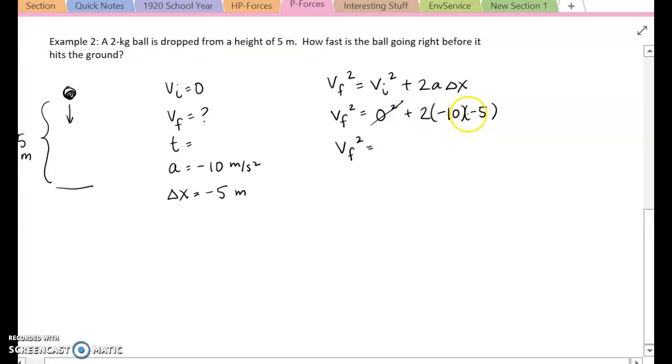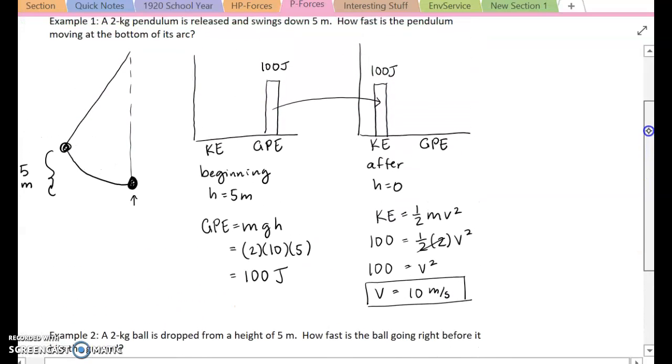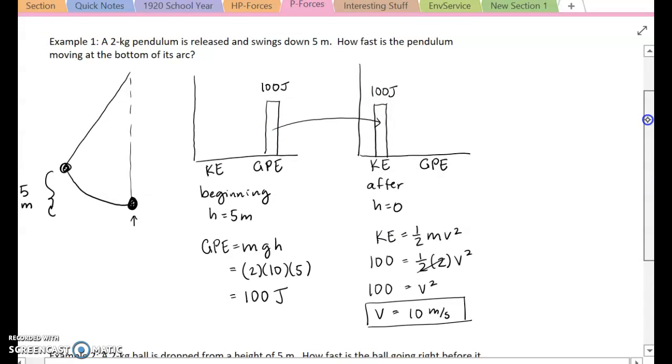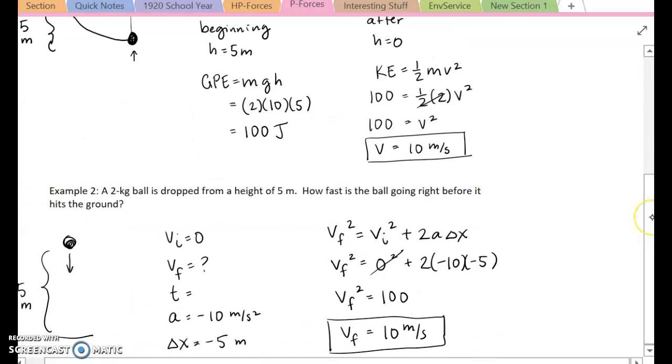That goes away, and this becomes 100, and my v final ends up being 10 meters per second. Look at that, that's amazing. We get the same exact velocity for the pendulum swinging down 5 meters as we do for a ball being dropped straight down 5 meters. This is going to become important later on.